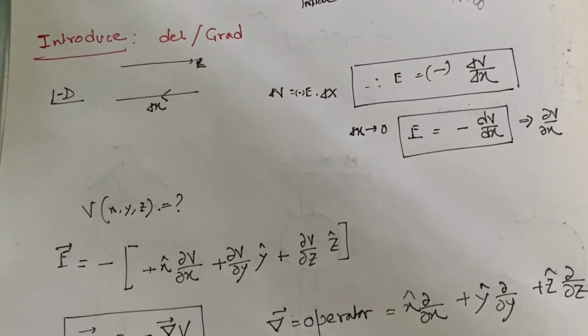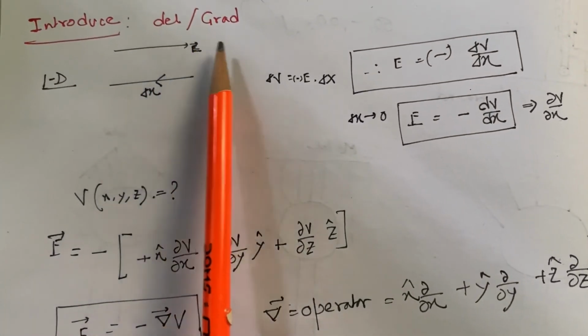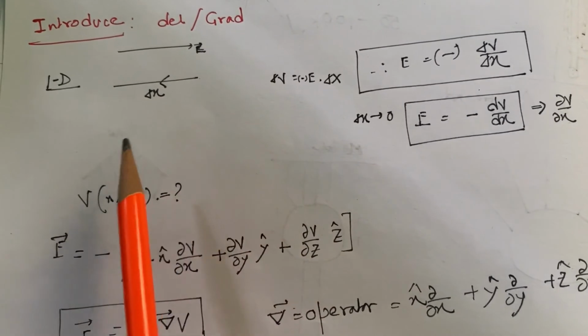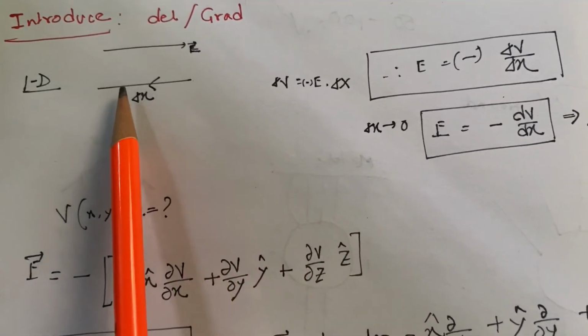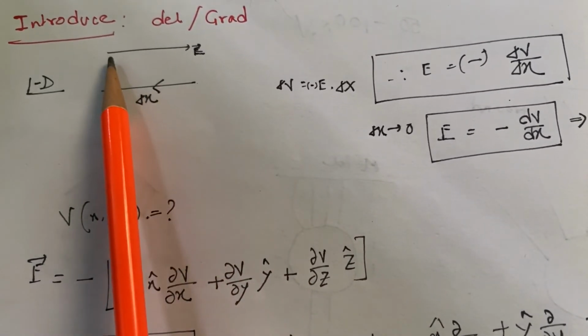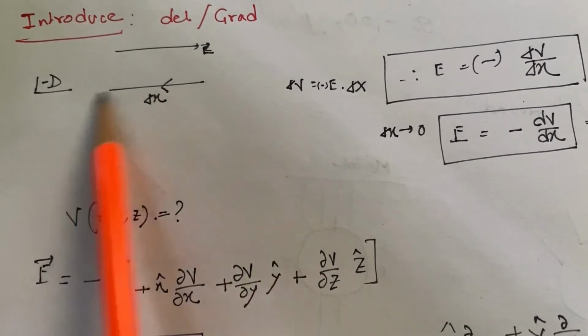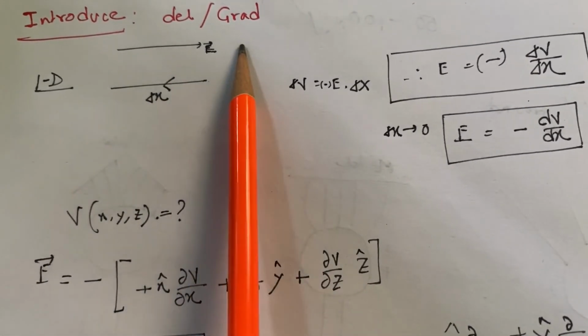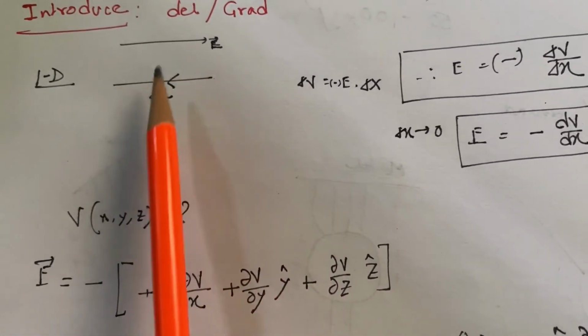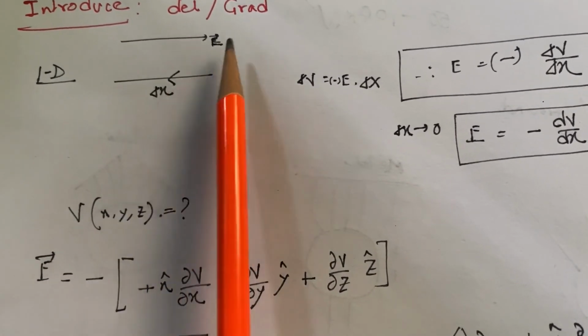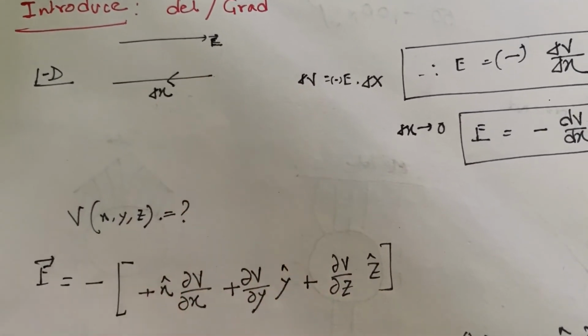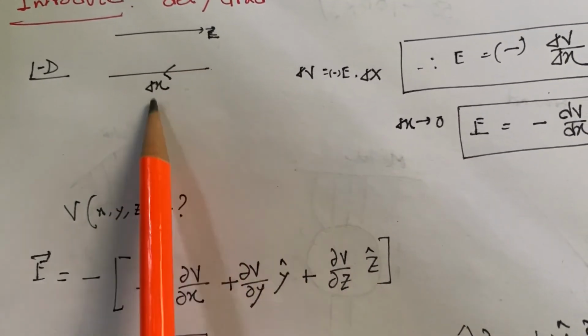In order to do so, we need another operator which is called the gradient or del operator. Now suppose I am moving in one dimension, along this line. Now the potential is increasing along this direction. These two directions are parallel to each other. They are opposite, we can say anti-parallel.